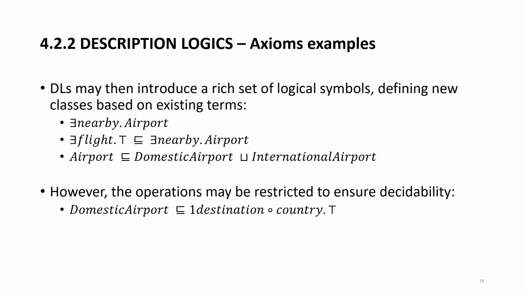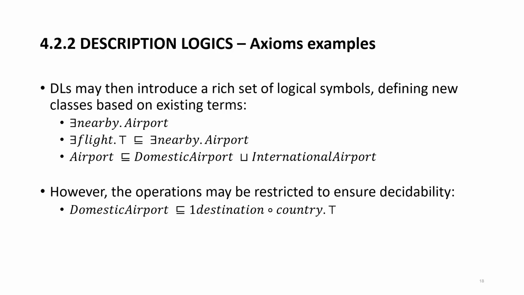And the third example shows that airports are either domestic airports, international airports, or both. However, even though we have rich logical symbols and many operations, to ensure decidability we have to restrict the use of some operations.